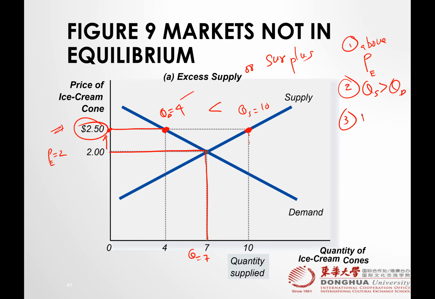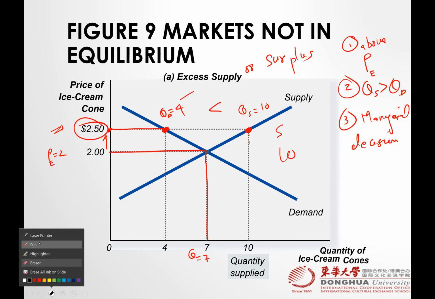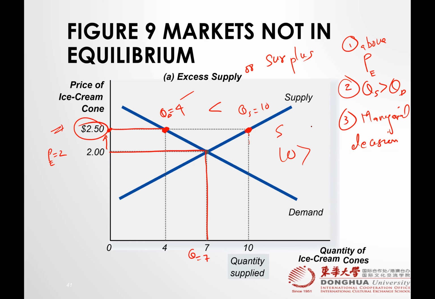We have a managerial decision here. We have surplus because quantity supplied is greater than quantity demanded of 4.